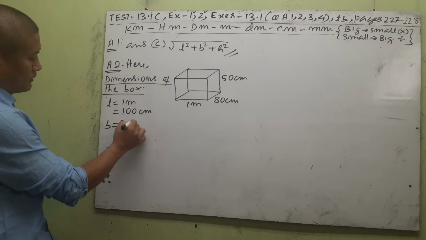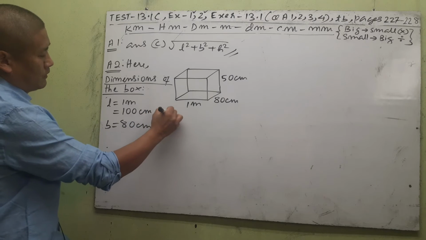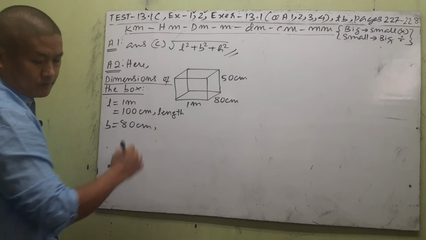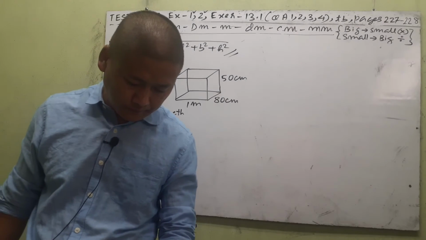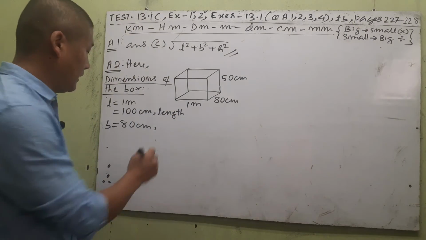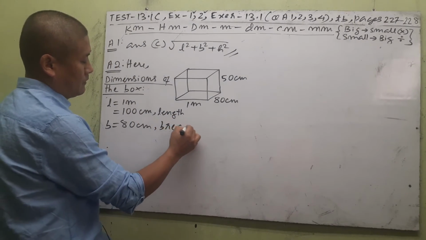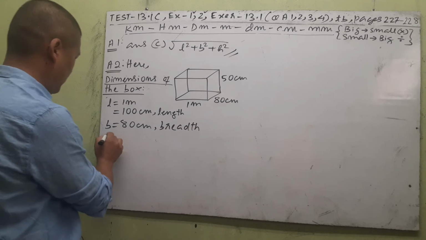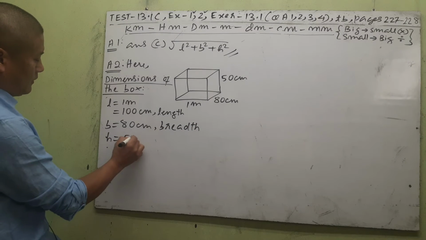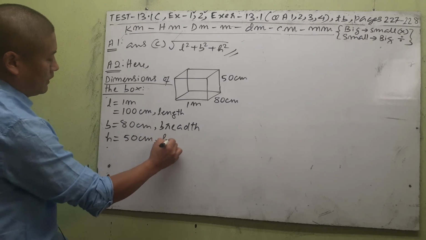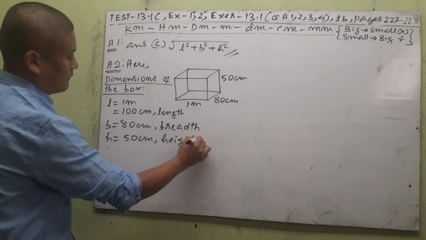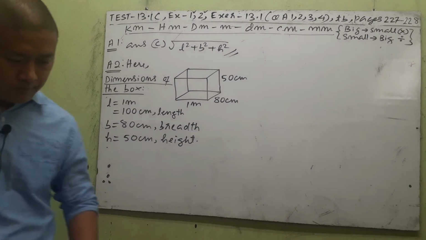B is 80 centimeter. So the first one is the length, the second one is the breadth. Then the height of the box, 50 centimeter, is the height of the box. So the dimensions are clearly given.